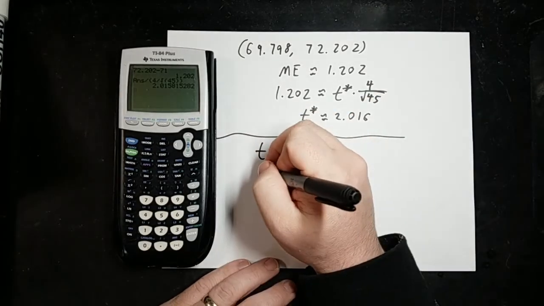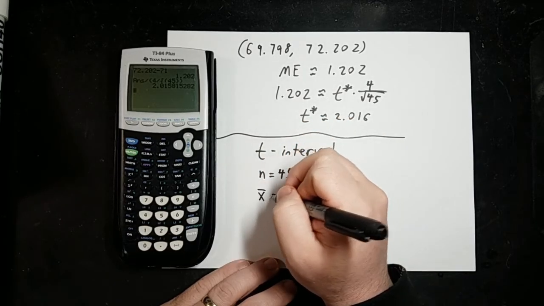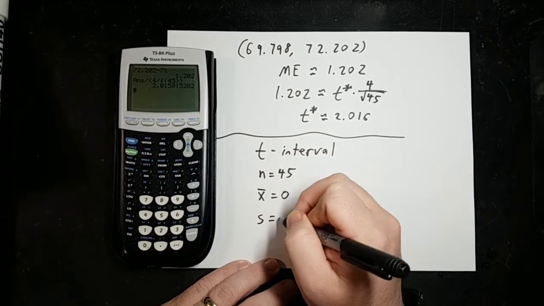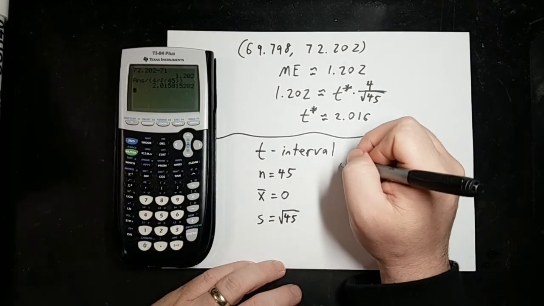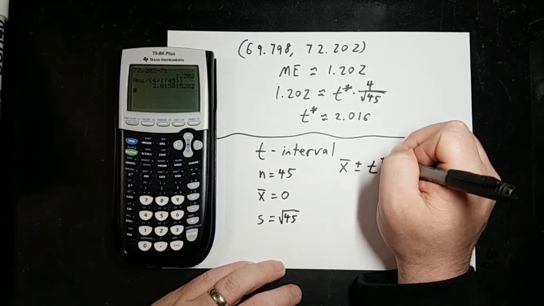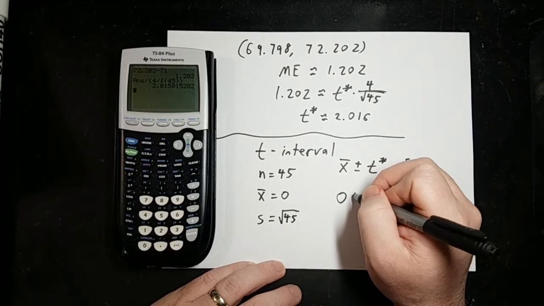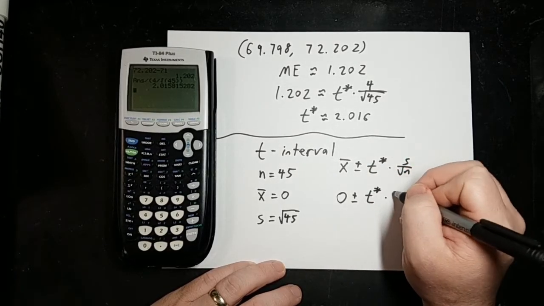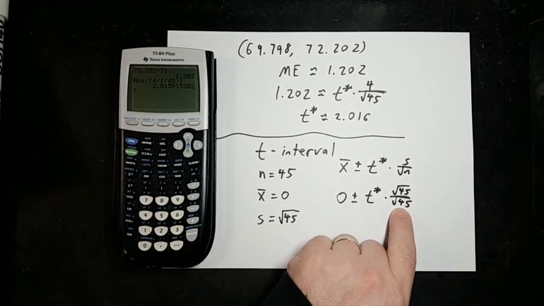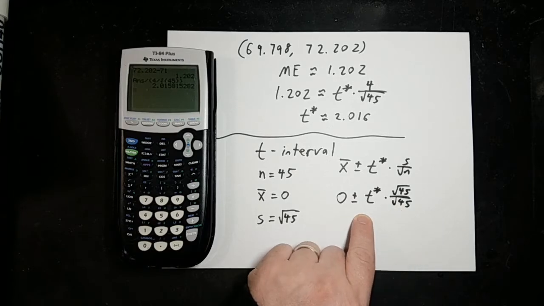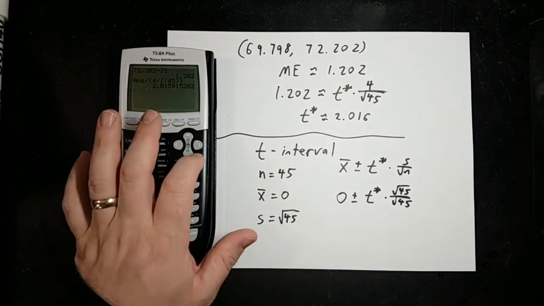For example, our sample size should remain the same, but if you let x bar equal 0 and s equal the square root of 45, then your t interval formula, which was x bar plus or minus t star times s over the square root of n, turns into 0 plus or minus t star times the square root of 45 over the square root of 45. That forces your standard error to be 1, and the resulting interval would just be your negative t star to your positive t star.